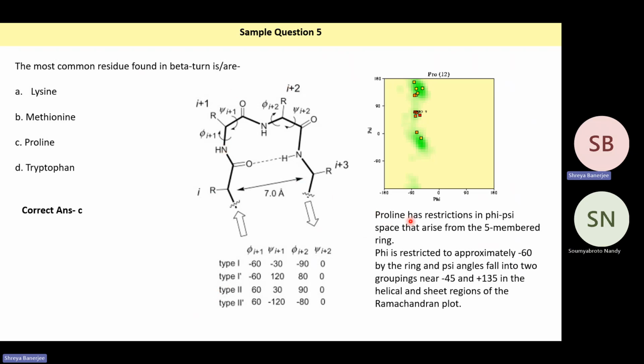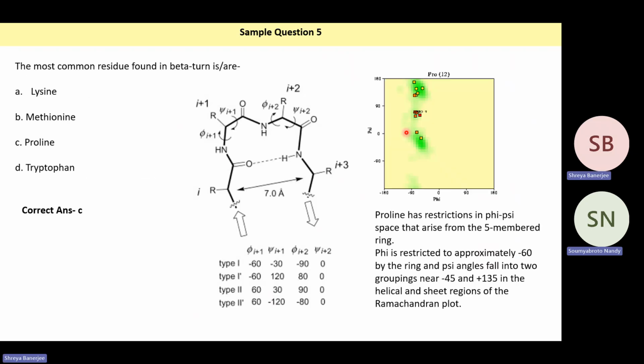And because proline is a cyclic amino acid, the phi-psi is approximately restricted to these values. Normally, if you have an acyclic amino acid, it can freely rotate, so the phi-psi can vary. But because proline has restrictions in phi-psi due to its cyclic nature, it prefers to form beta turns. That is why proline is the most common residue found in beta turns.